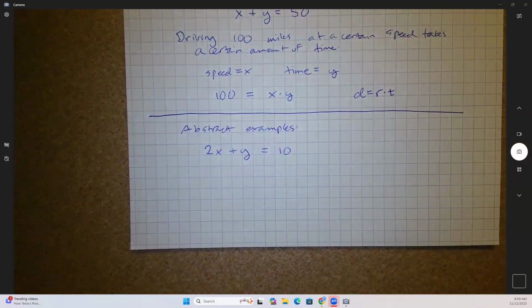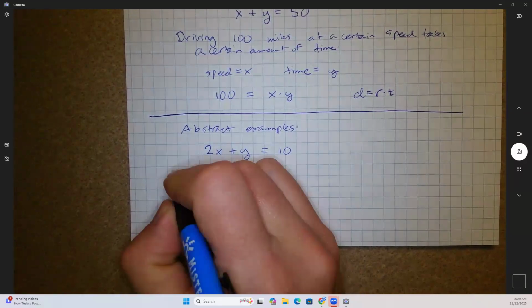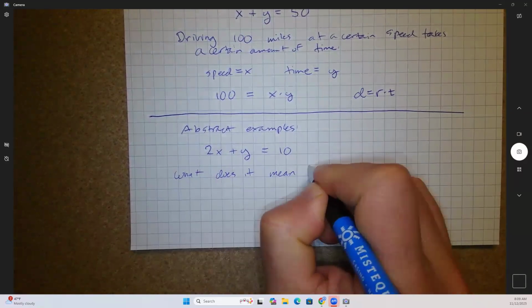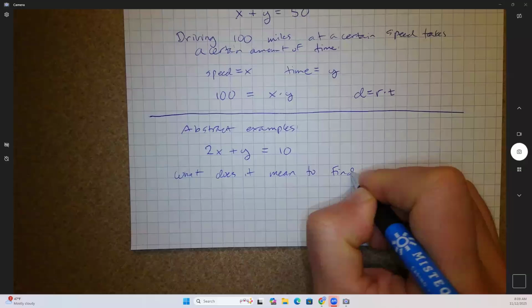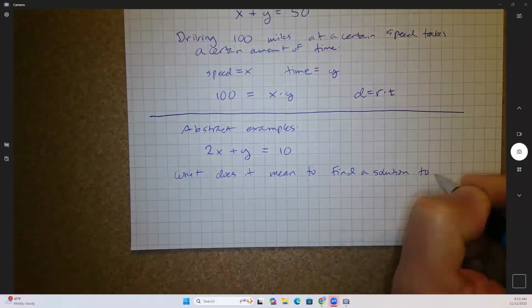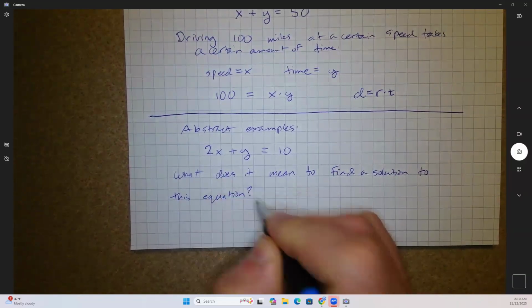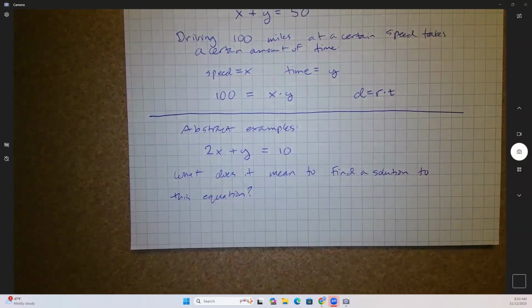It's just 2x plus y equals 10. And what does it mean to find a solution to this equation that now has two variables? When it was one variable, it just meant solve for x, and then x was going to equal a number. But now I have two variables, so even if I got x by itself, there would still be another variable involved. What does it mean to find a solution to this equation?